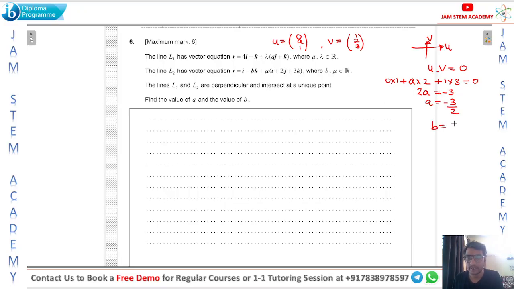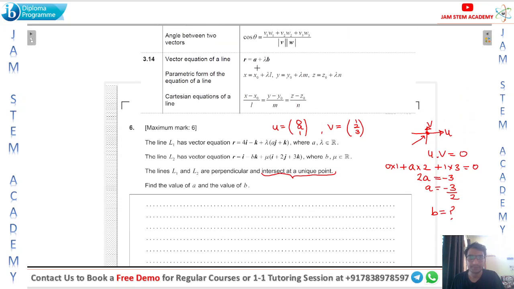Let's try to find the value of b using the information that these two lines intersect at a unique point. If these two lines intersect at a unique point, it means there is a point that must satisfy the equations of both lines. If an equation of a line is given, we can convert it into parametric form and get the coordinates of any point lying on the line.